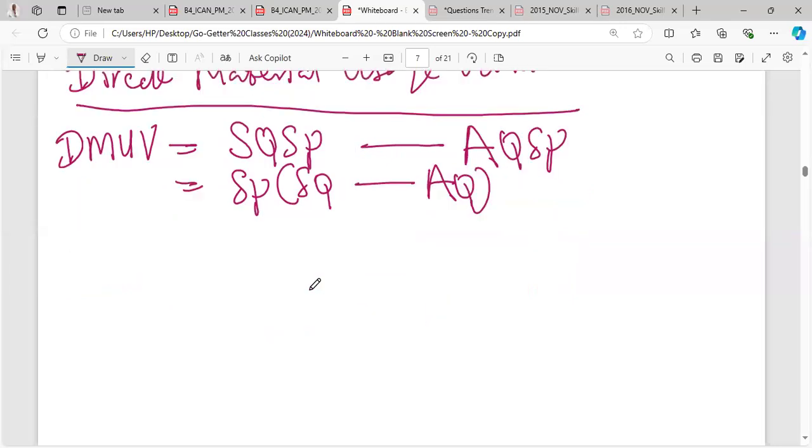Okay, so we have how many materials? X and Y. Let me say these are materials, and I'll say this is standard quantity, this is actual quantity, this is variance, this is standard price, and this is variance.